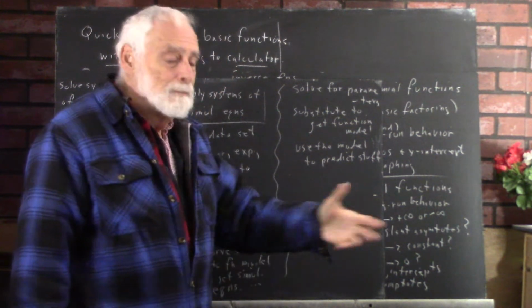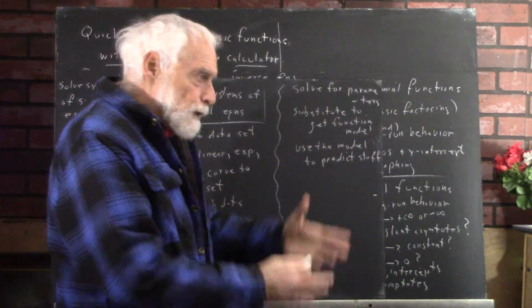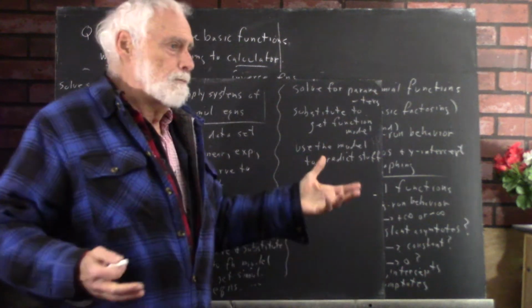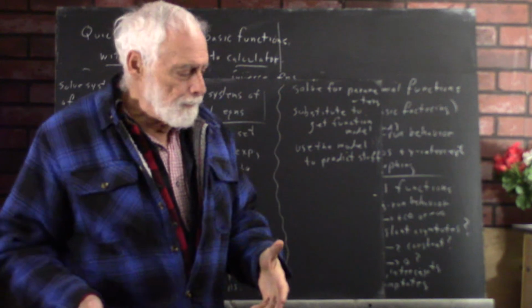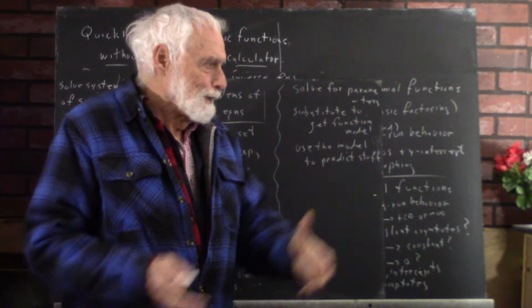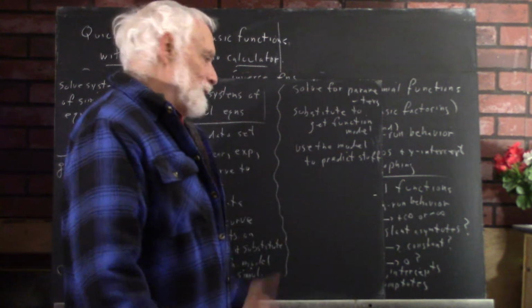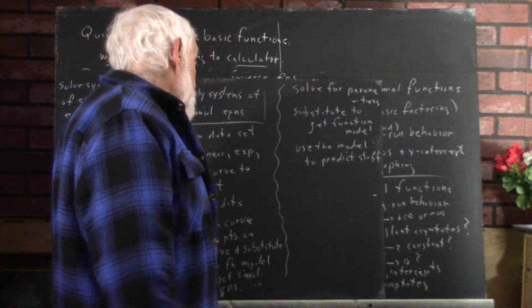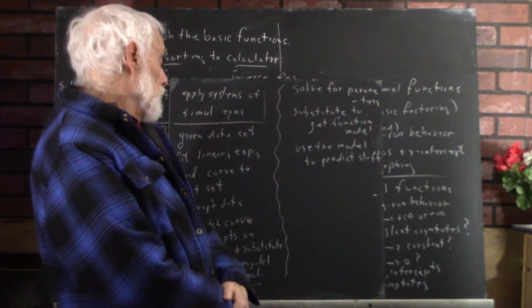For example, the flow model, you got a quadratic model, you got a quadratic function. And now, when is the value of that function 48? Well, set that model equal to 48 and solve it. It's going to be a quadratic equation. Okay?